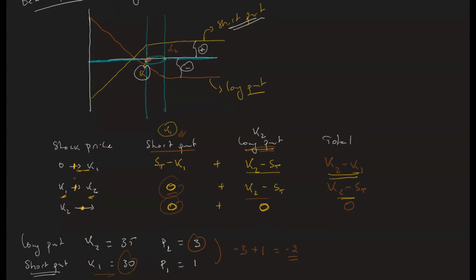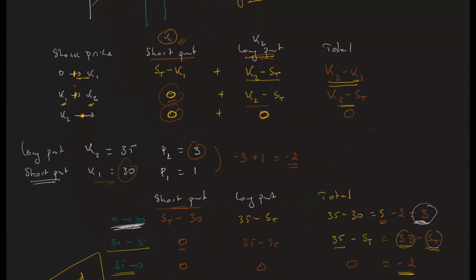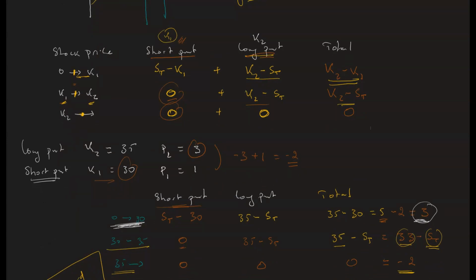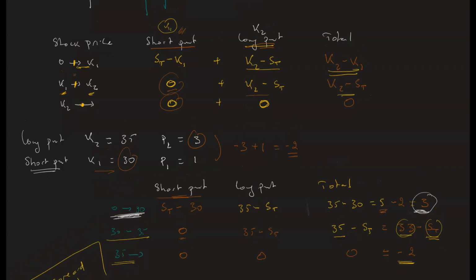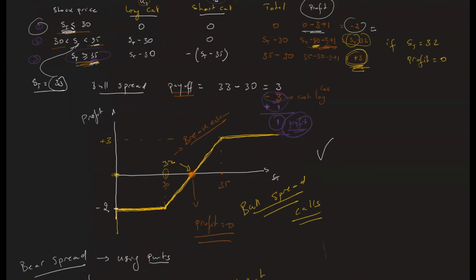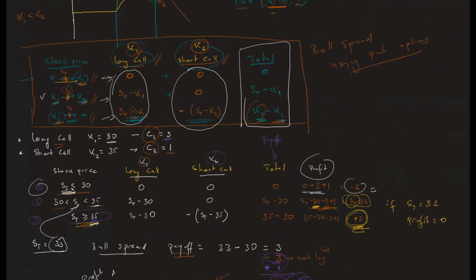And what I'm going to ask you to do is to do the same thing, construct a bear spread using call options. Now remember that so far we've been working with a European option. Okay, so we've looked at the bull spread using call.